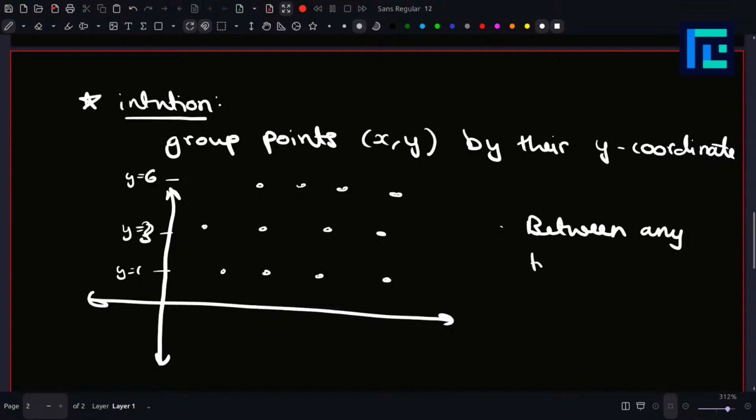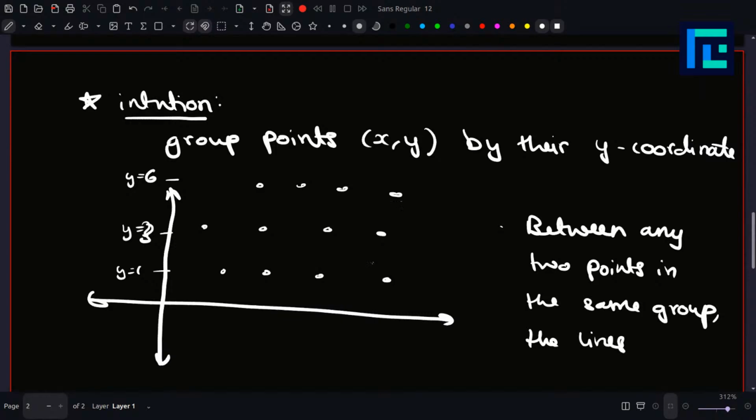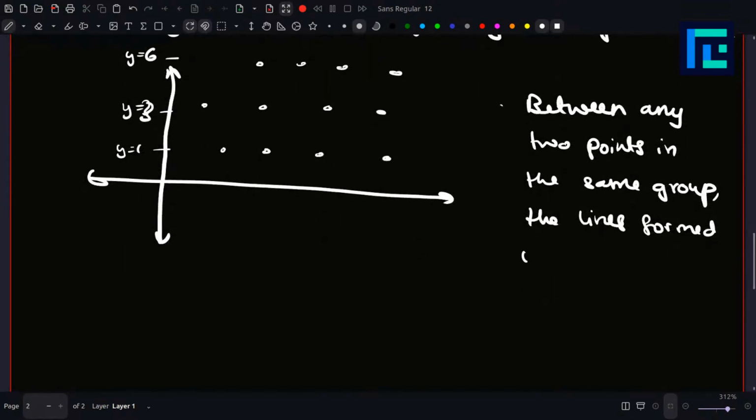So between any 2 points in the same group, the lines formed will be parallel to the x-axis.